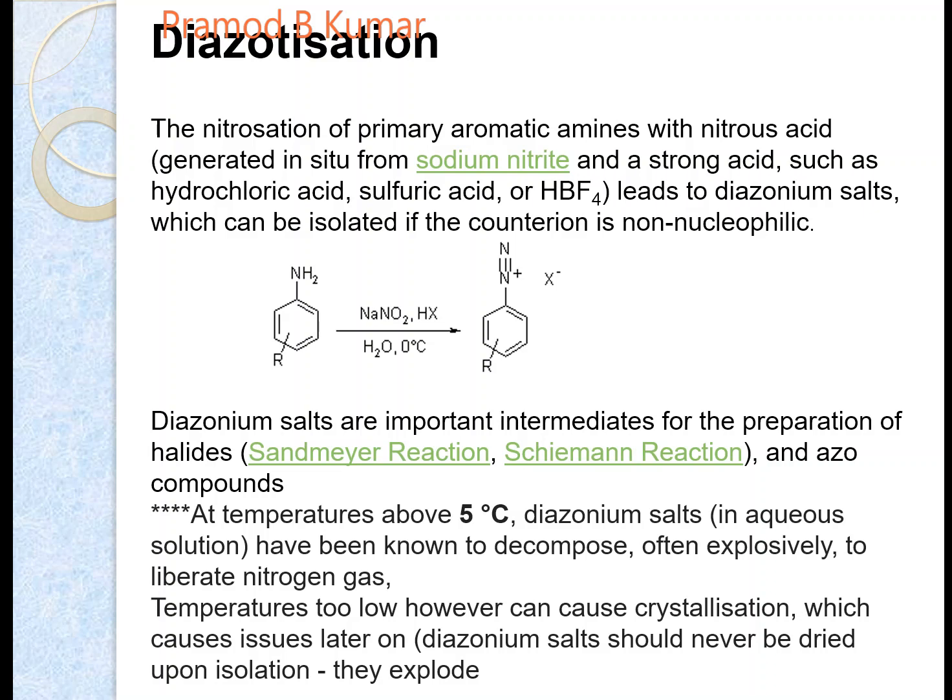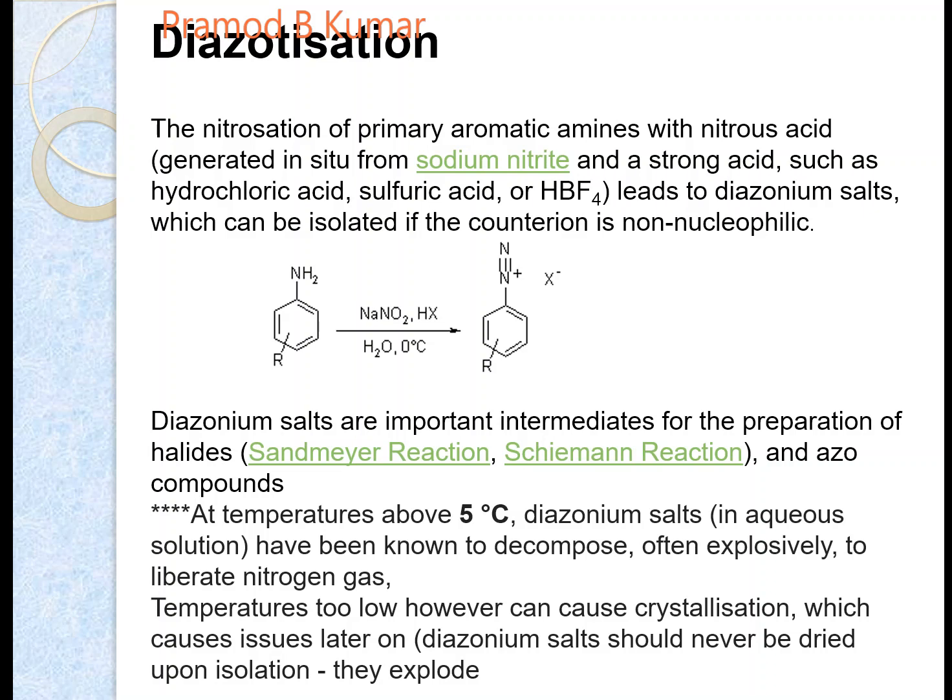A temperature that is too low, however, causes crystallization. So the temperature should be between 0 to 2. And if you try to dry it, it will explode. If you try to dry it and isolate it, it is a highly explosive compound. So you should be very careful when you are handling a diazotization reaction. It should be in the solution phase, at a temperature of around 0 to 5.